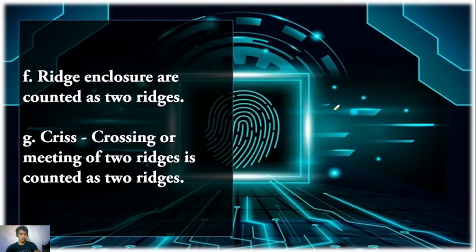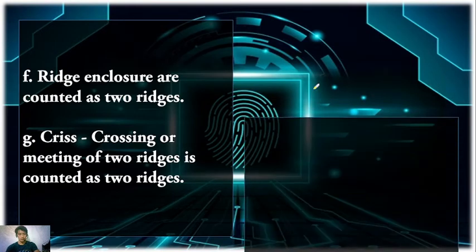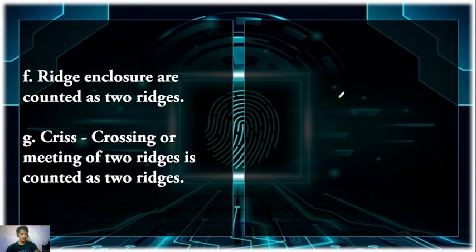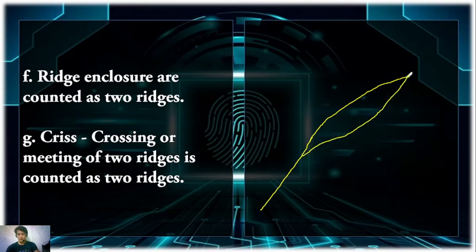Now, we have here rule number F, or letter F. It says here that ridge enclosures are counted as 2 also. So again, kapag sinabing ridge enclosure yan, na sabi natin in our discussion with regards to the ridge characteristics, ang itsura po ay ganito, di ba?